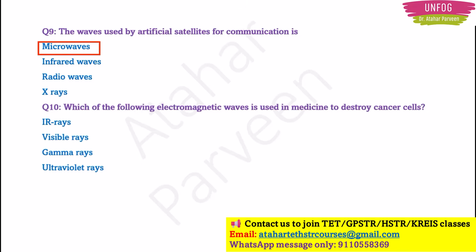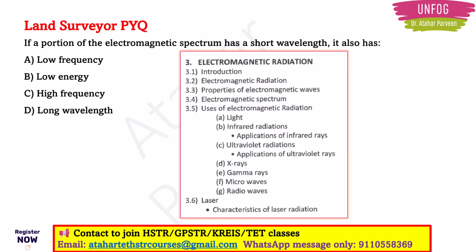Then next question, which of the following electromagnetic waves is used in medicine to destroy the cancer cells? The answer to this question should be gamma rays, because gamma rays are nowadays used as medicine to treat the cancer cells. So now after watching the entire class, you should be able to answer this question. We have told you in the class that the wavelength is inversely proportional to frequency, right?